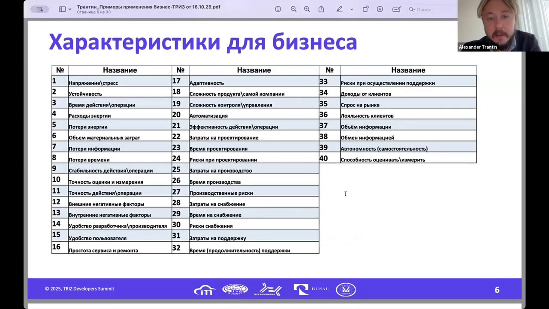Let's look at the characteristics themselves. Now, the content of the current table, we created that based on those main stages or processes that we have in any organization. In particular, there is the engineering design unit, the production unit, the supply unit, as well as provision and support of a project or product.